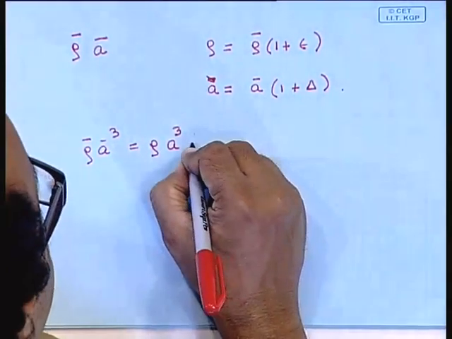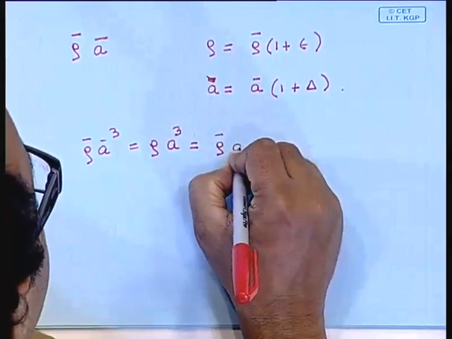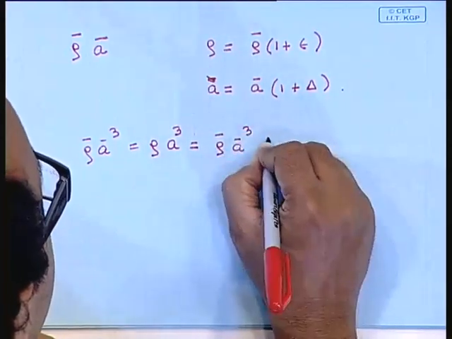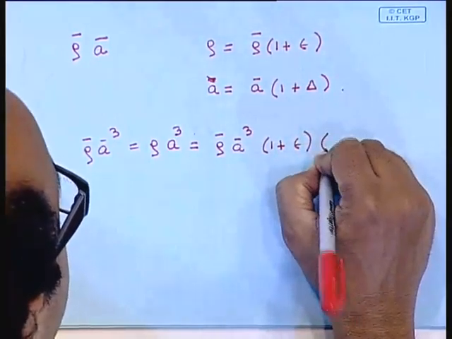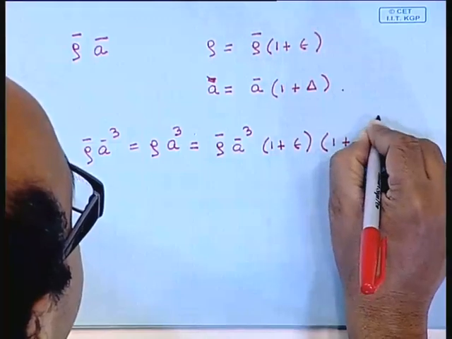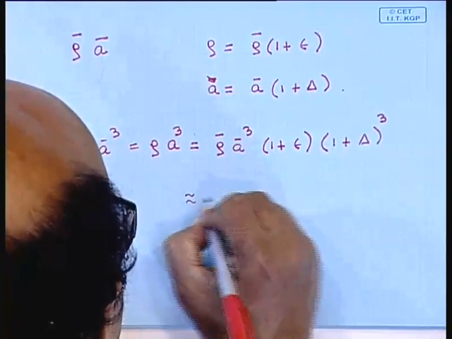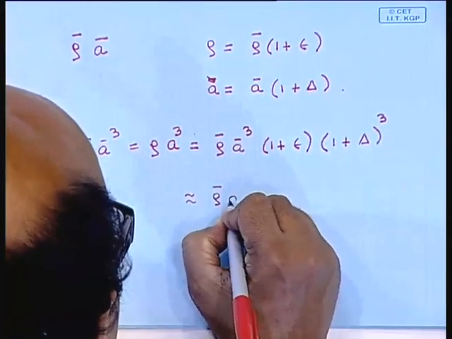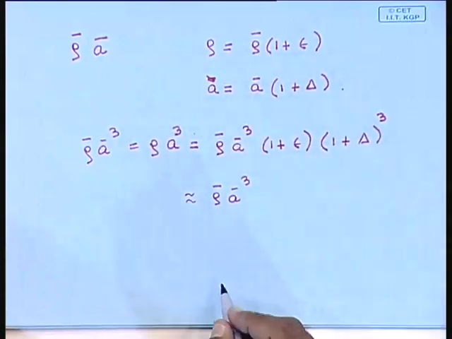So this gives us a relation. We will assume that epsilon and delta are extremely small.